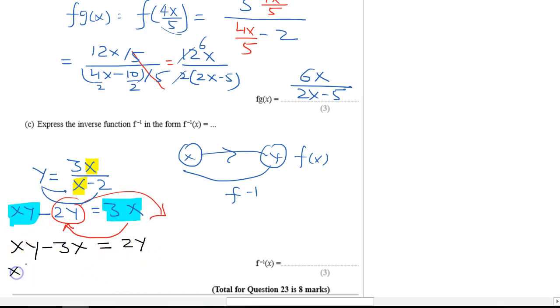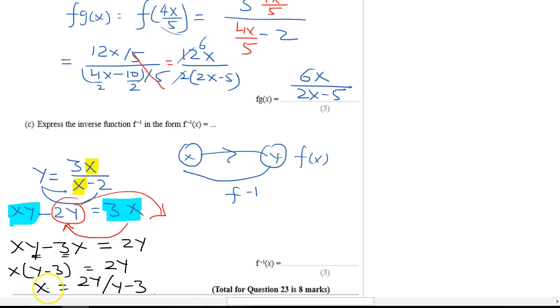We take x common, so remaining is y and 3. So x times (y minus 3) is equal to 2y. So x will be 2y over y minus 3. We have made x the subject.